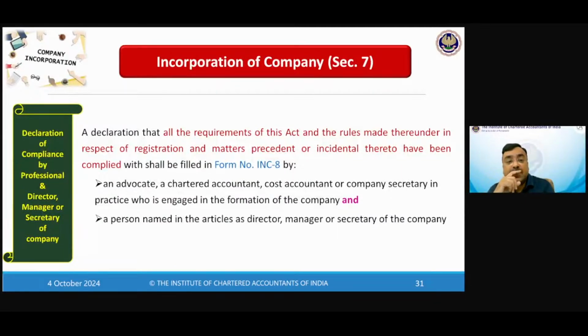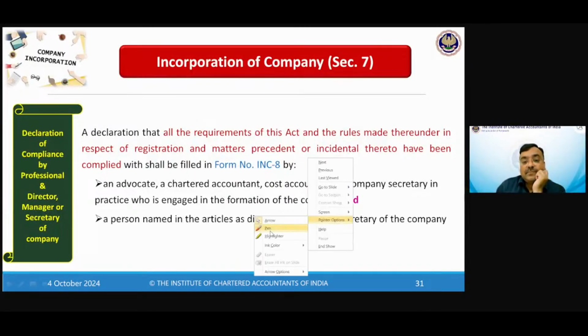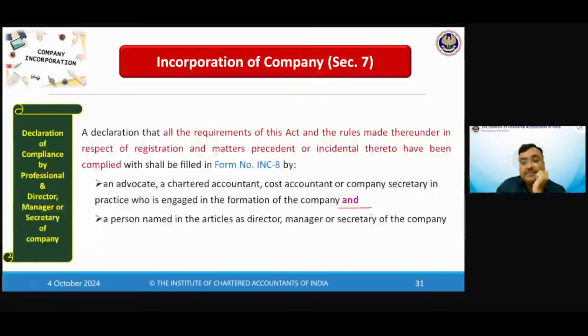The law says an advocate, CA, CS, cost accountant, CMA, or company secretary in practice who is engaged in the formation of the company, and, underline, one professional person: इन सब में से एक साइन करेगा, advocate, CA, cost accountant, company secretary in practice, plus one person who may be a director, may be a manager or may be the secretary of the company.